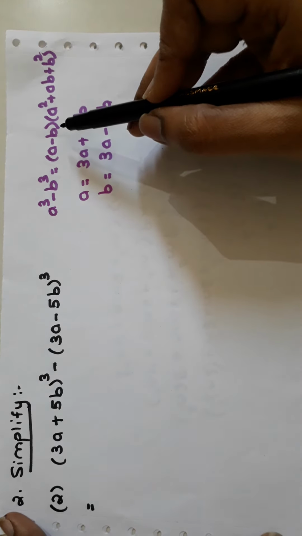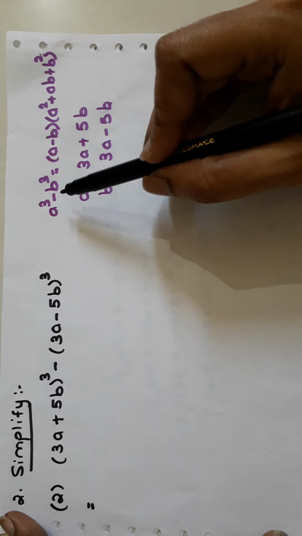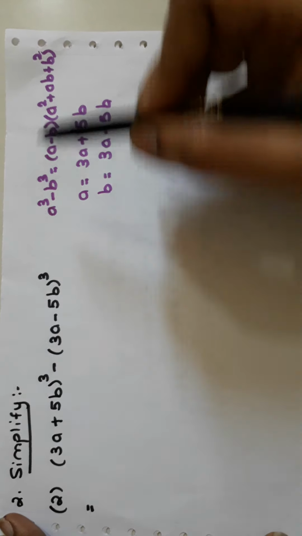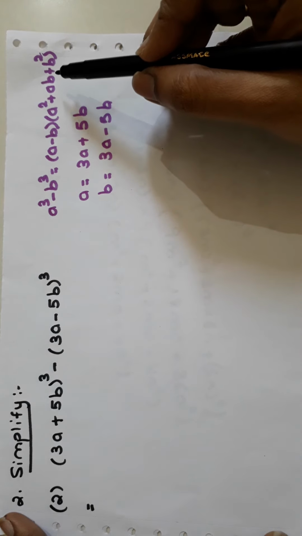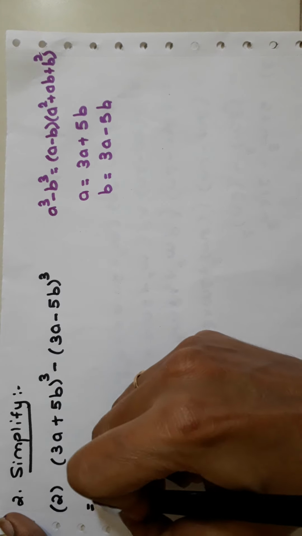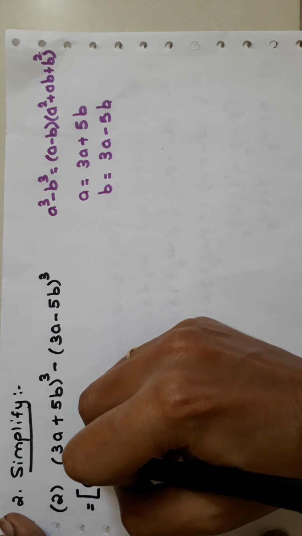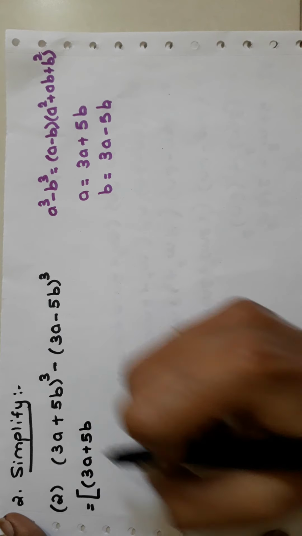So I am directly using the formula a cube minus b cube is (a minus b)(a square plus ab plus b square). So a minus b means 3a plus 5b.